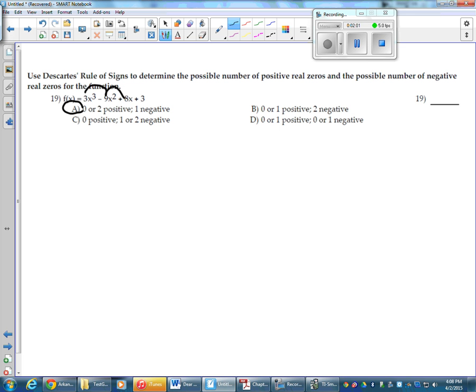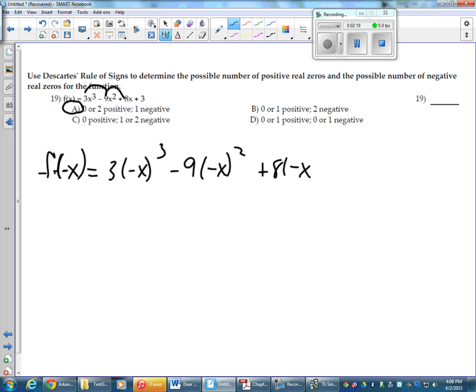It's the only one that has 2 or 0 positive, but just to make sure, let's try f of negative x and see what we get. F of negative x would be 3 times negative x cubed. Everywhere there's an x, I'm going to put a negative x, and then evaluate this and see how many times the signs change. So negative x cubed times 3 would make this negative 3x cubed.